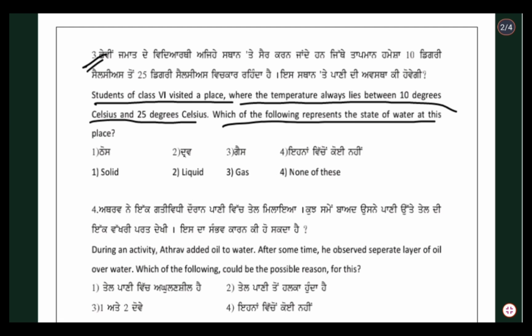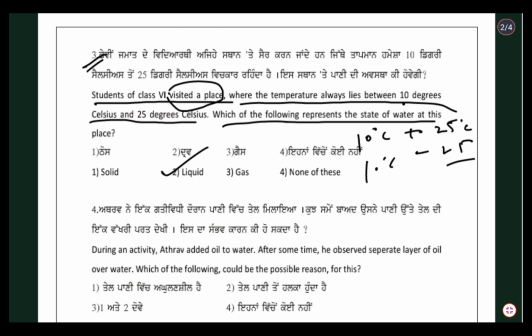So in the question it is mentioned that the temperature at the place the students visited lies between 10 degrees Celsius and 25 degrees Celsius. Okay, so water remains in liquid form at the temperature between 10 degrees Celsius to 25 degrees Celsius. So the answer will be your option number 2.